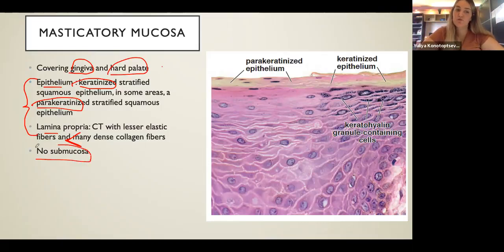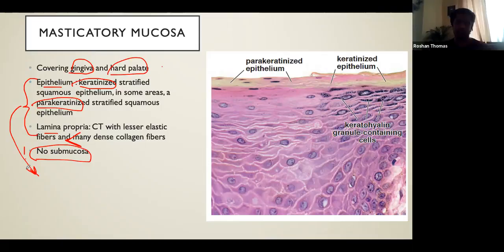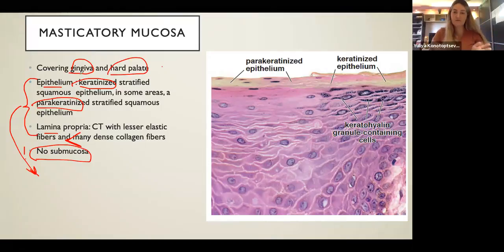No submucosa, very important. So what is this mucosa attaching to? If there's no submucosa, what does it attach to? Muscles. Bone. Gingiva, if you ever seen like a tooth removal or something, if you spread the gingiva, there is something white under.